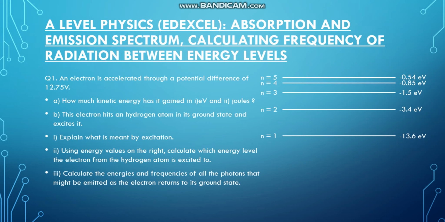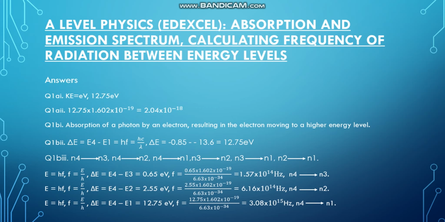As we already know, the electron is already in its ground state, and we have to find out which energy level it actually goes to. For this, we have to work out the energy difference, which is 12.75 electron volts, as the energy acquired when it is accelerated through that voltage is 12.75.